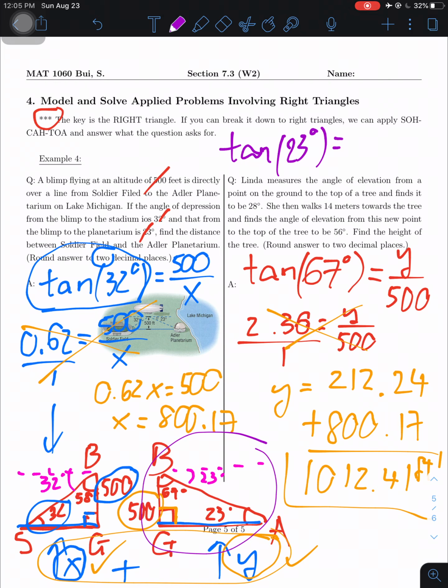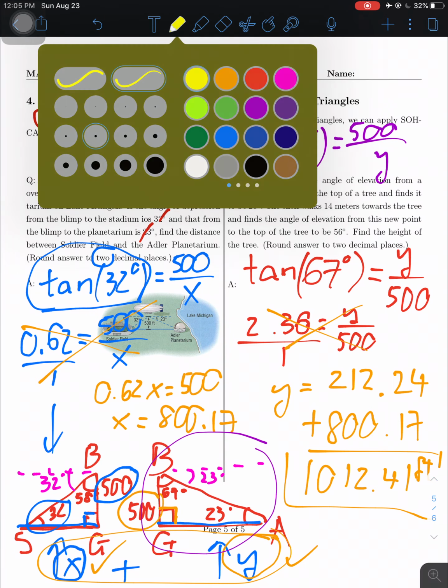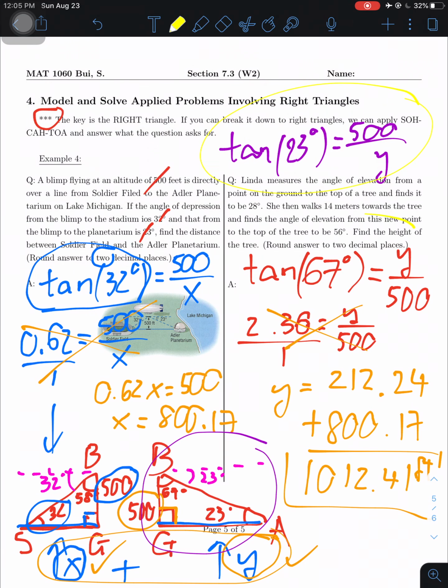So opposite to 23, I have 500, and adjacent to it, I have y. As you can see, the setup is very different now. For 67, y is on top, but for 23, y is on the bottom. Okay, and same thing, you input tangent of 23 into the calculator, you do cross multiplication, and you find y.